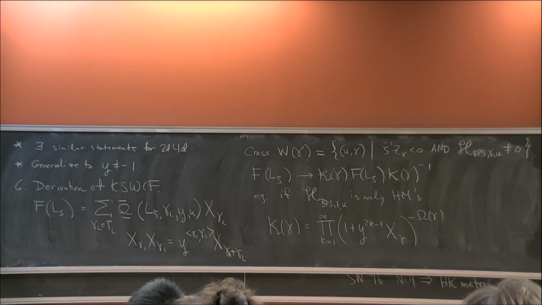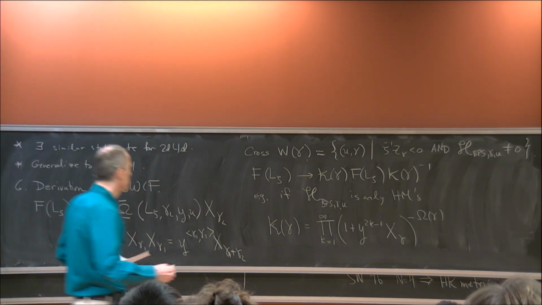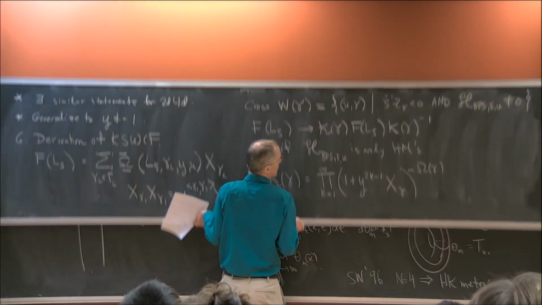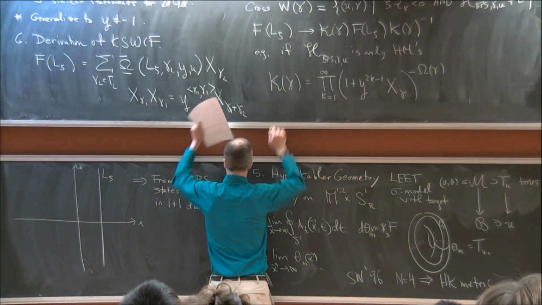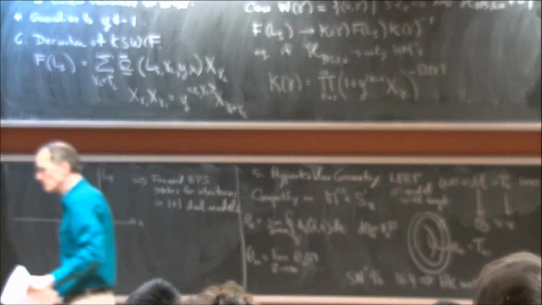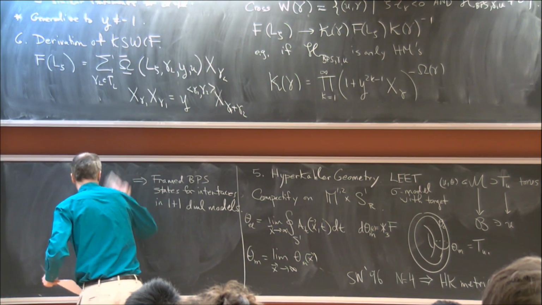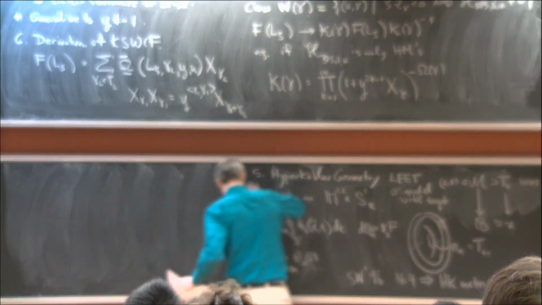So now I can tell you what the Kontsevich-Soibelman Wallcrossing formula is, and that would be a good place to end. So now we can derive the Kontsevich-Soibelman Wallcrossing formula.